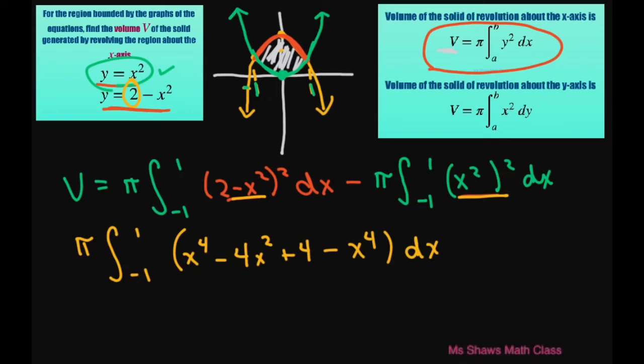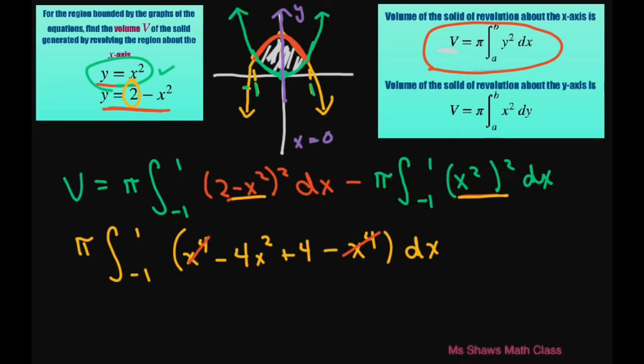Now these two cancel, and if you notice, this is reflected over the y-axis, and this line is x equals 0.